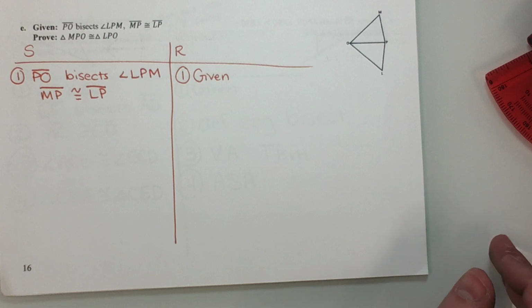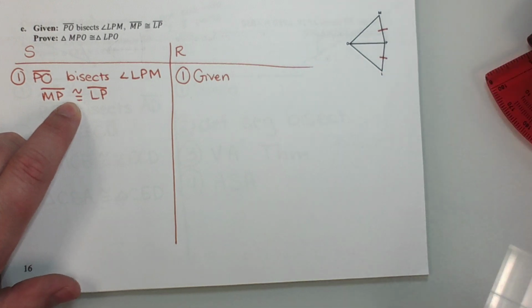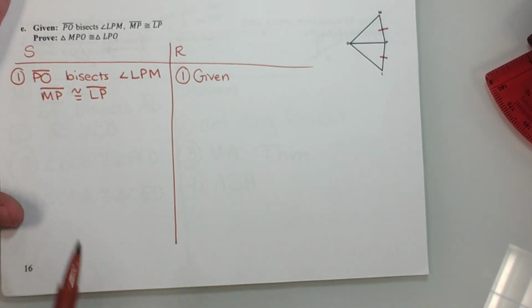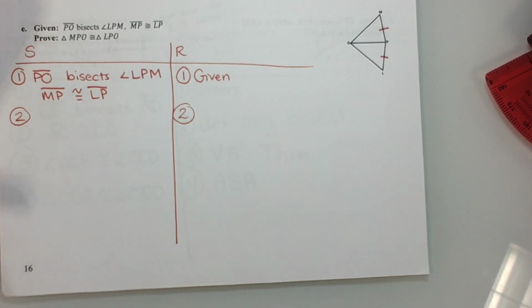I highly recommend, if you see a congruent symbol, you mark it in the picture right away. Those pictures tend to help, especially with angle, angle, side, and angle, side, angle.